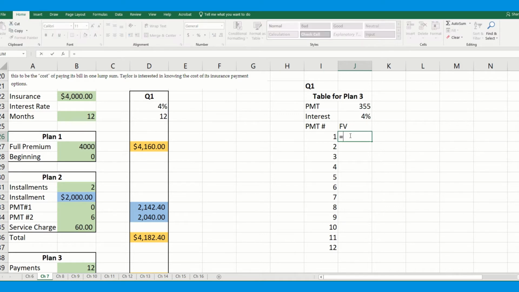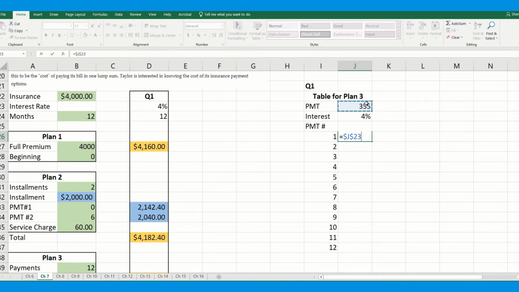So I'll start with equals, and if we use the formula S equals P, so this is my P, my payment, and I'm going to F4 that, which means it's going to absolute cell reference that, and it will stay. When I fill the formula down, it will stay in that cell, okay? So I can keep that there.